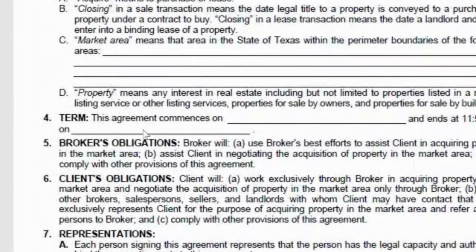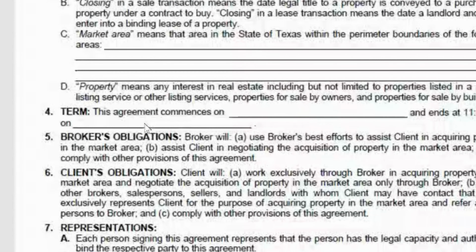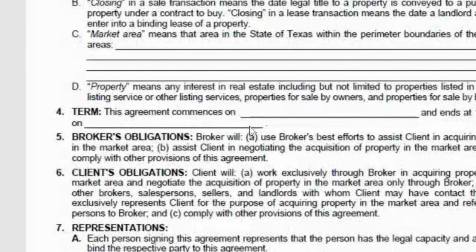It tells you when the agreement starts, and it also tells you when it ends. So whenever your end date is, what that means is you will basically be out of agreement with the agent that you're working with.